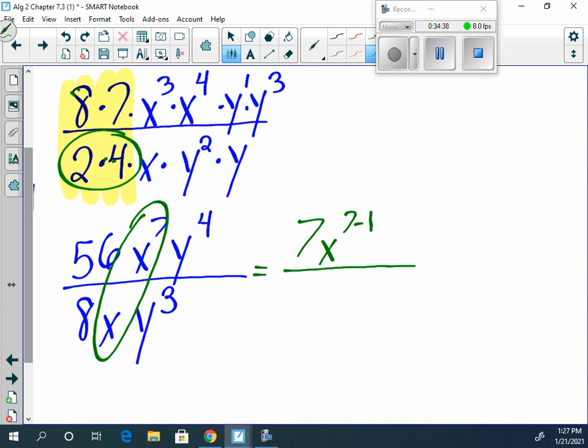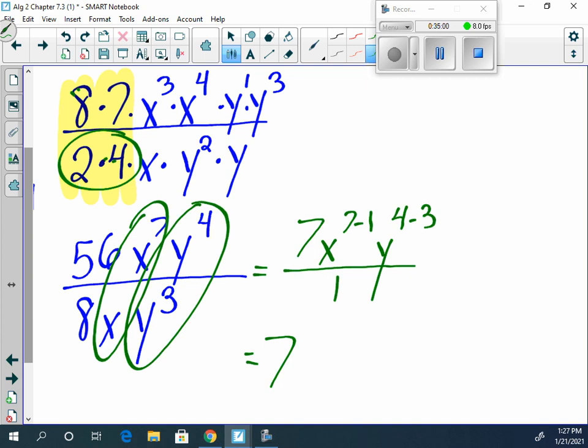Now, y is going to be the same thing. We have y to the fourth and y to the third. So this here would be 4 minus 3. Well, there's nothing left on bottom, is there? So I don't really need that fraction bar anymore because the denominator is, well, 1.